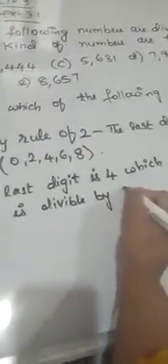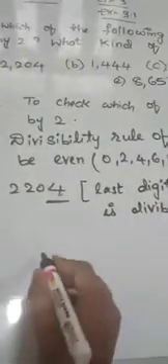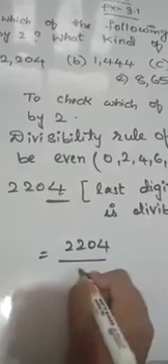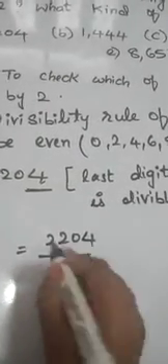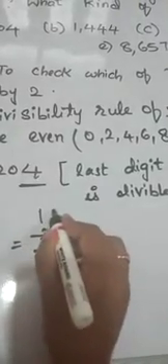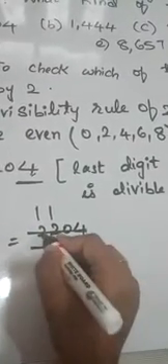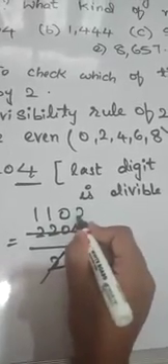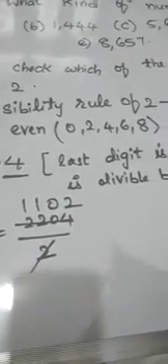How? See here. 2 ones are 2, 0 will be as it is, 2 twos are 4. So the last digit is 4, which is even, so it is divisible by 2.